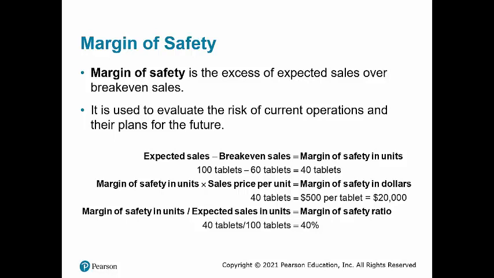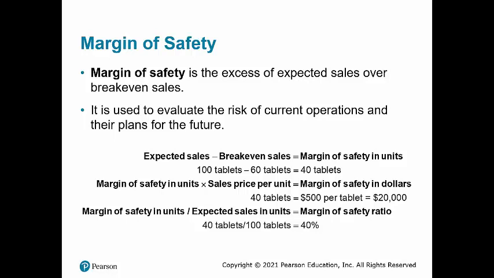We can calculate the margin of safety in units, in dollars, or as a ratio. So using SmartTouch Learning as an example, if the manager's expected sales are 100 tablets and the break-even sales are 60 tablets, the margin of safety in units would be 40 tablets.